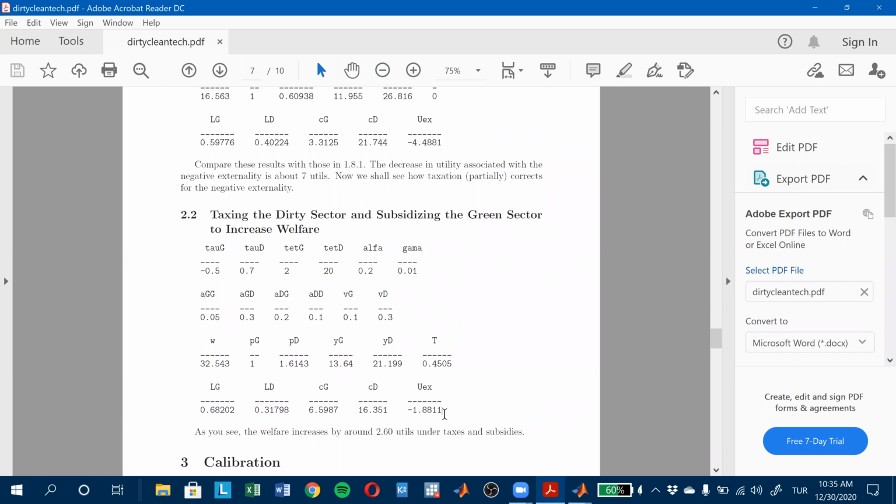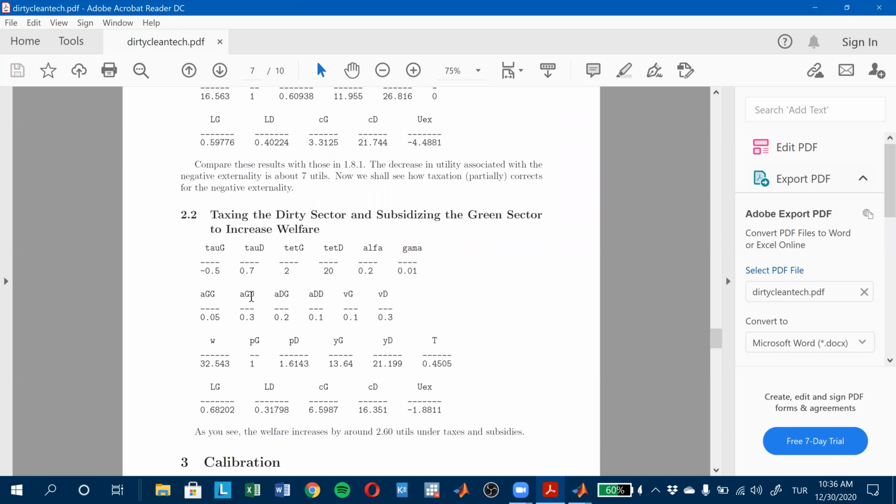On top of that, if you create an increase in the productivity of the green sector, you can also increase your welfare. Of course that becomes a dynamic model, because you spend today on green R&D, and that green sector R&D pays in the future with a higher theta G, right? But you can do experiments in a static framework by increasing theta G as well, and you can get even different results.